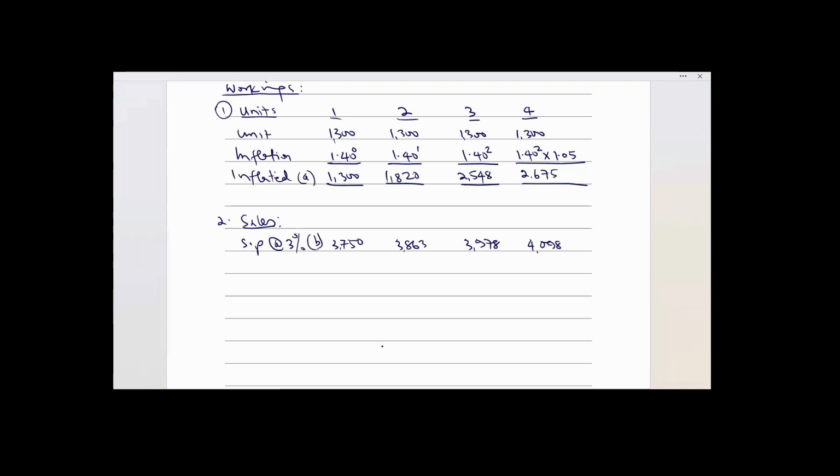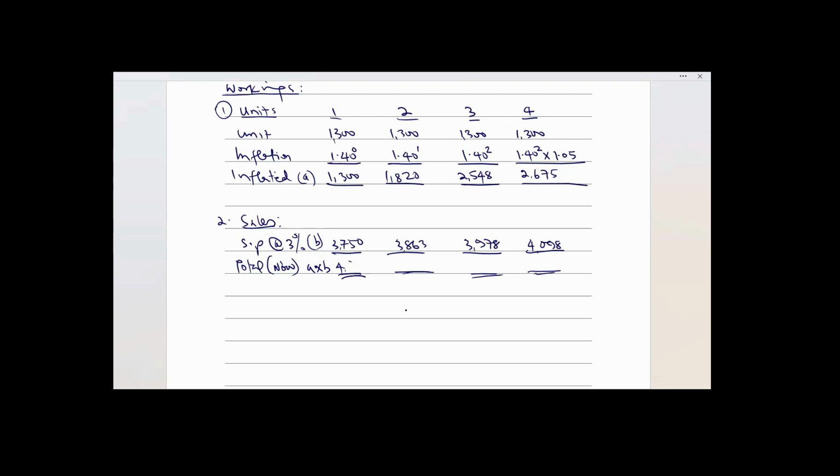Therefore, total sales will be A multiplied by B. My figures are in million, so let's restrict our numbers to thousands so that it will be easier. So 1,300 multiplied by 3,750 equals 4,875.